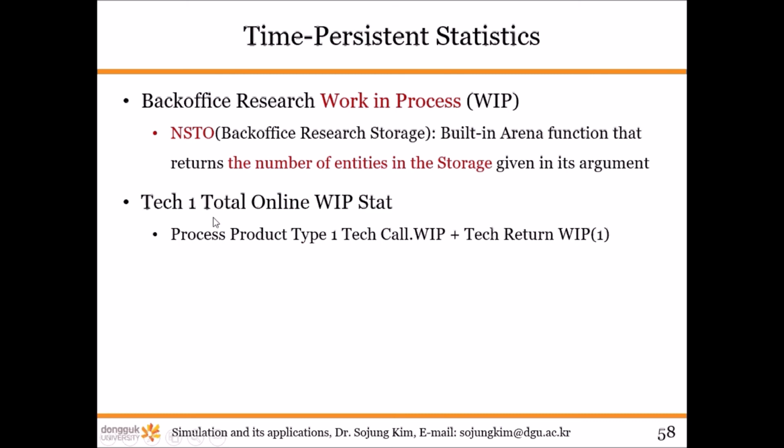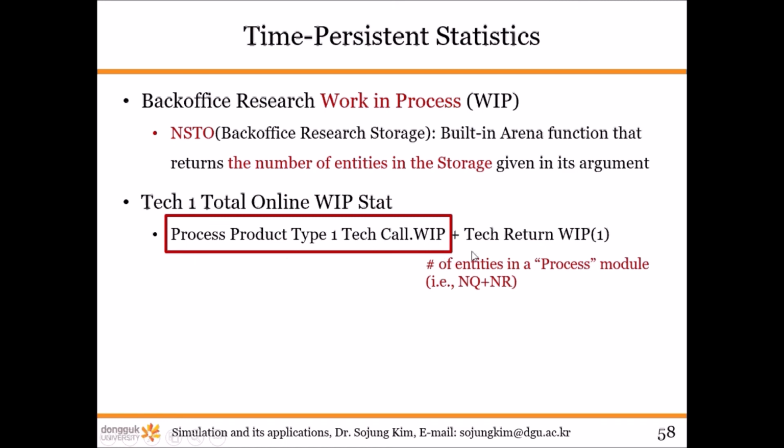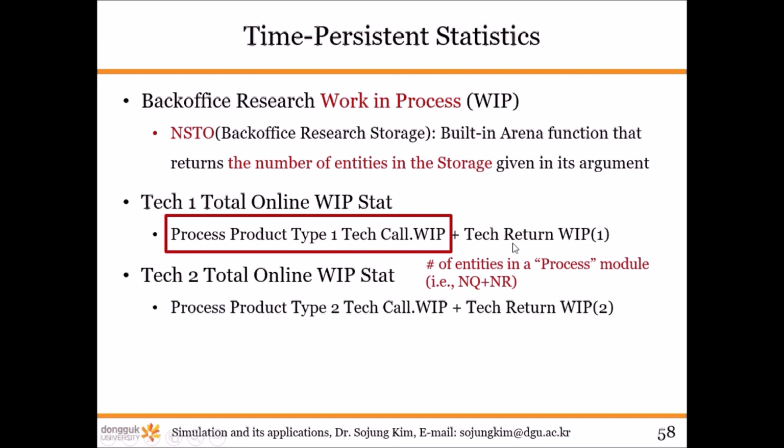So tag one total online WIP stat will have this expression. The first part represents the number of entities in a process module, so this is the name of the process module, then dot WIP, plus tag return WIP.